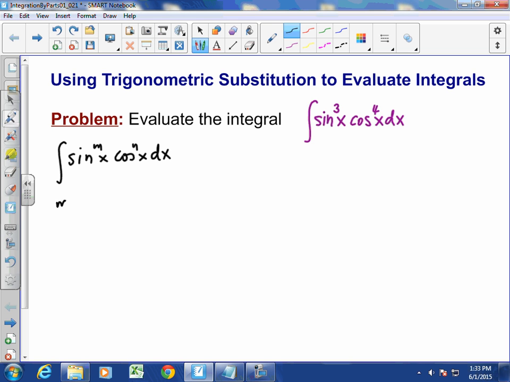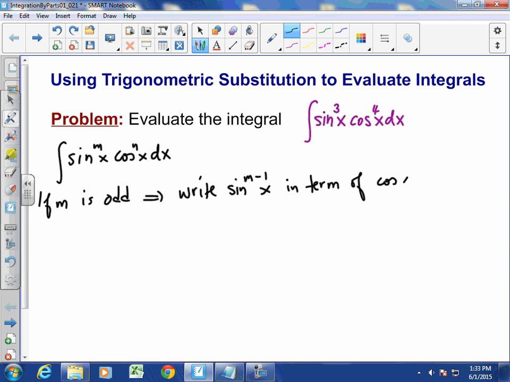If m is odd, then write sine to the m minus 1 x in terms of cosine x using the sine square x equals 1 minus cosine square x rule.